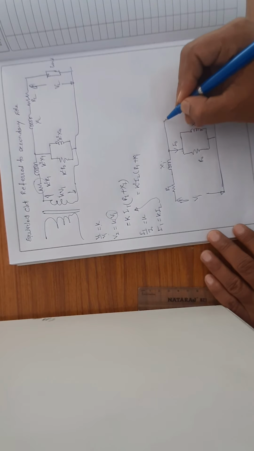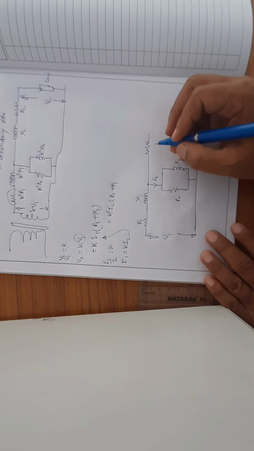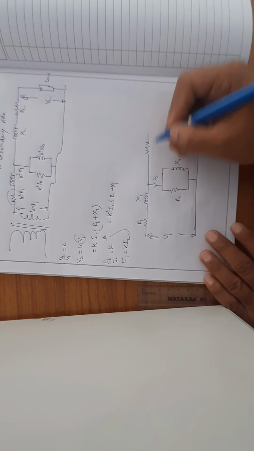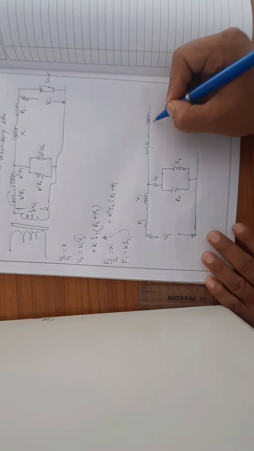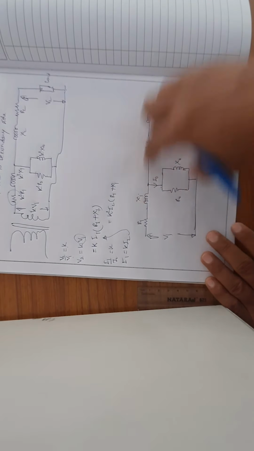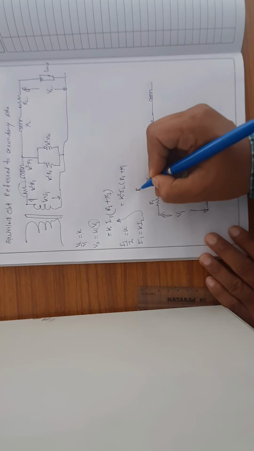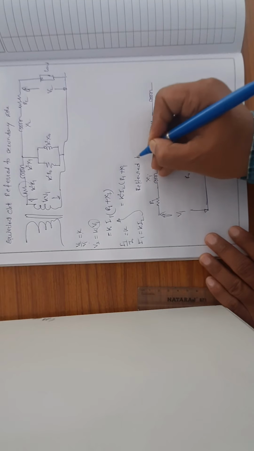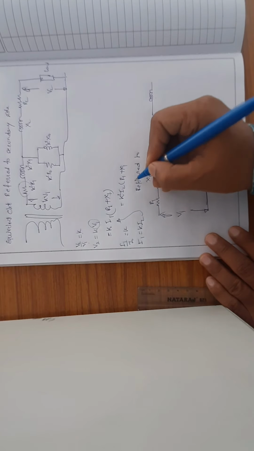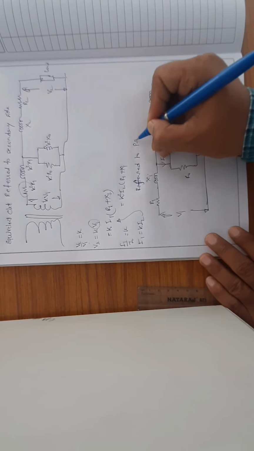What is the value of resistance R2 and what will be the value of reactance when referred to primary side? Referred to primary side.